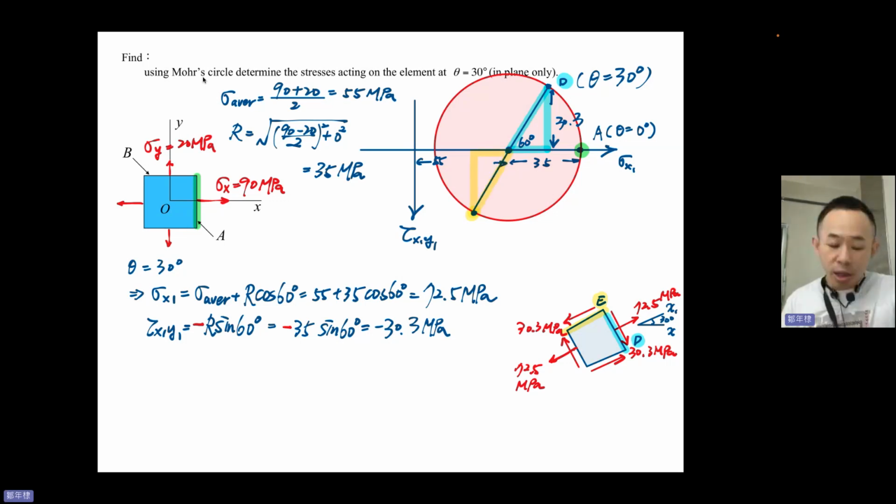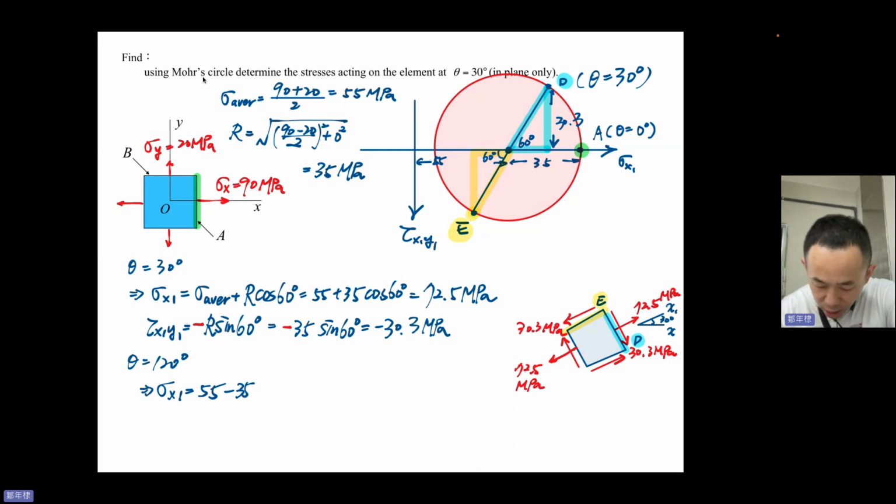We have another triangle here, right? And again, 60 degree, right? So, and this is E point. Because we are going to get the theta equal to 120 degree, and so sigma x1 equal to 5 minus 35 cosine 60, 37.5 MPa.